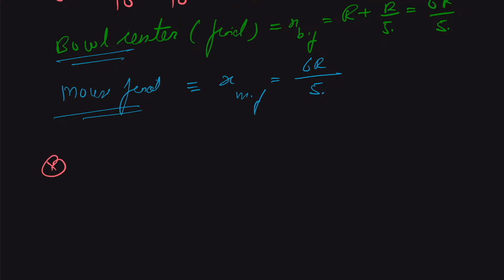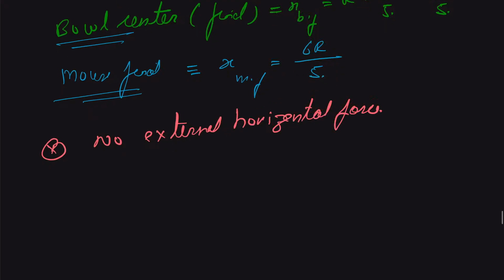So we can say that there is no external horizontal force, therefore we can write that our mass weighted position will be equal to constant.